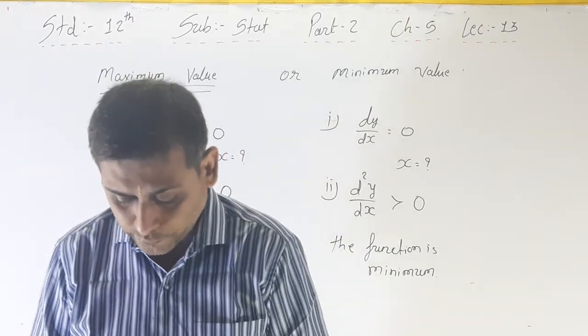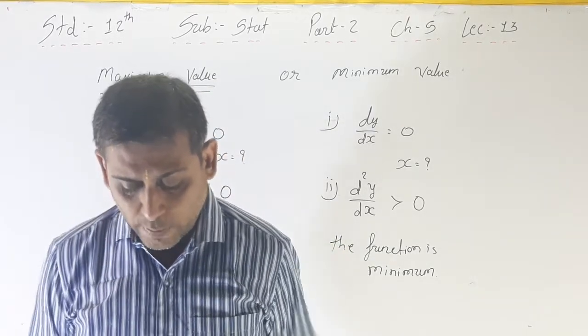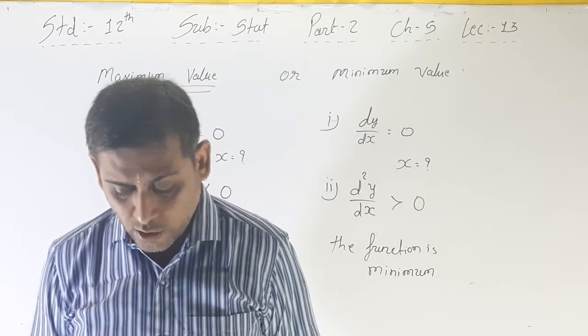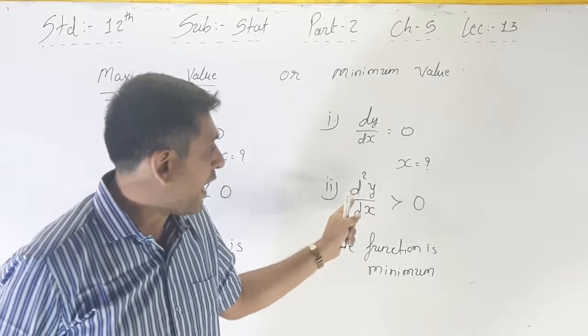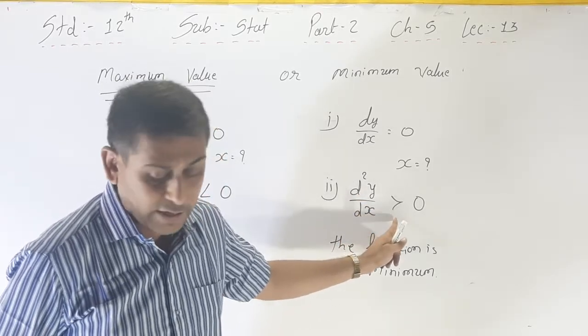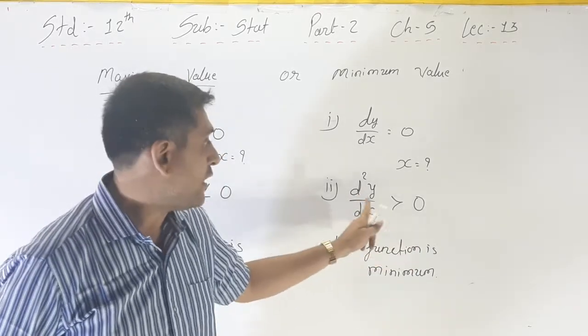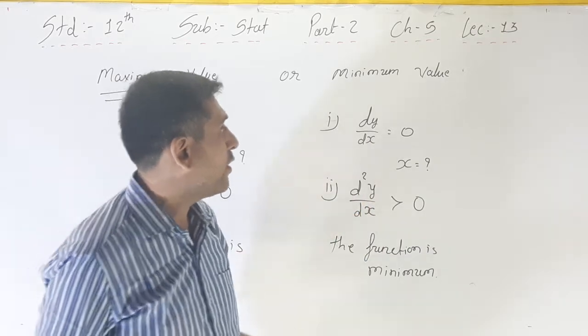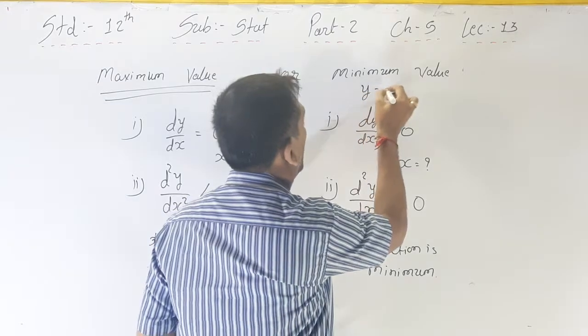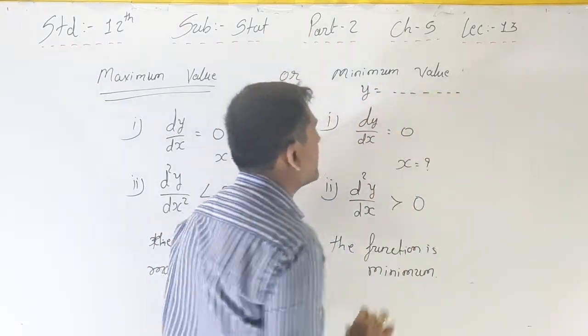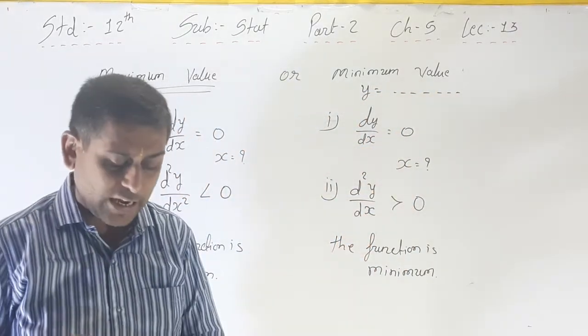Okay, so see the condition for minimizing the production cost function: dc by dx is equal to 0 and d square c by dx square greater than 0. If y is given, y equal to some function, then dy by dx and d square y by dx square.